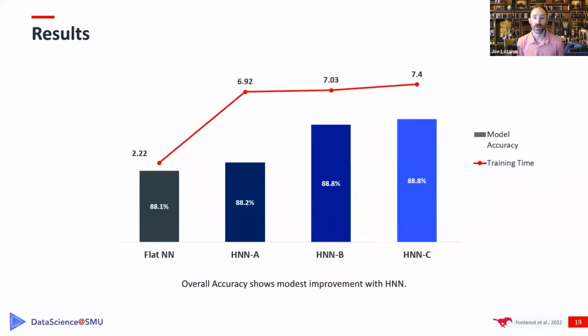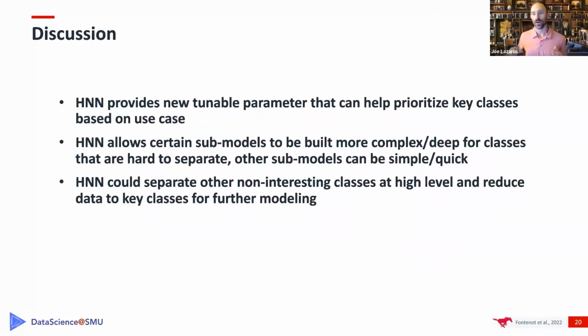Thanks, Rick. To summarize, what we found was that on overall accuracy, the hierarchical neural network compared to a flat neural network showed modest gains at the expense of time. What you can take away from our research is that hierarchical neural networks provide a new tunable parameter.